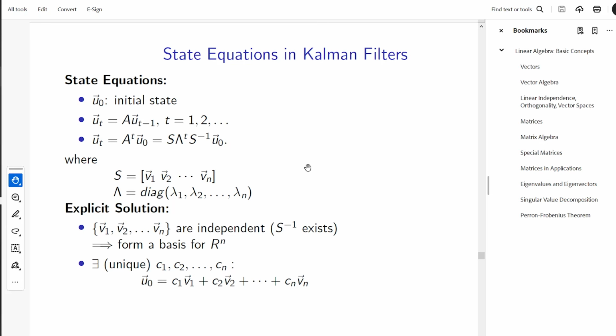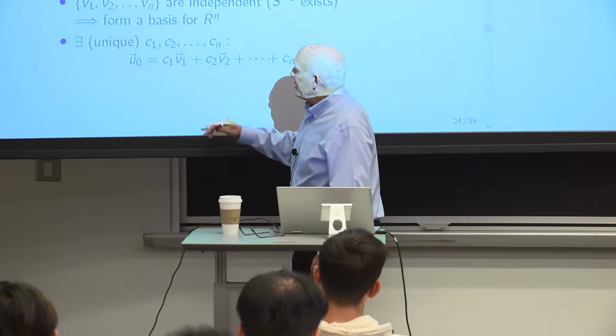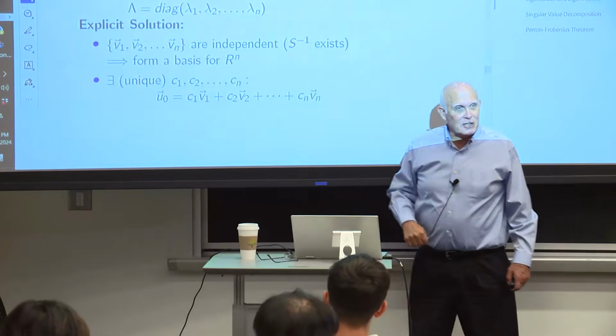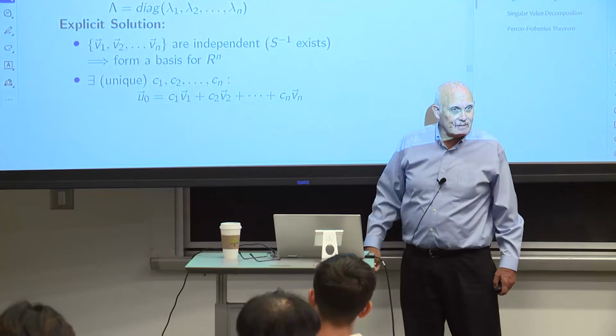And we can get explicit solutions. If our eigenvectors v1 through vn are linearly independent, then given an initial condition u0, we can express that initial condition as a linear combination of the eigenvectors.